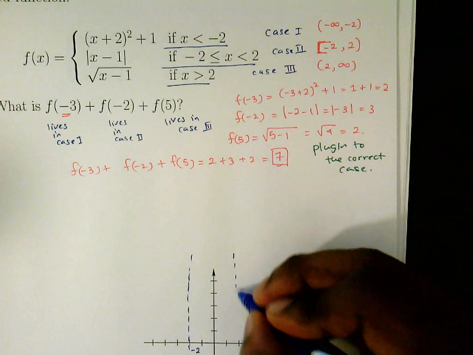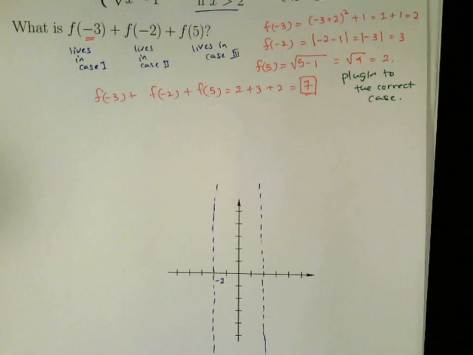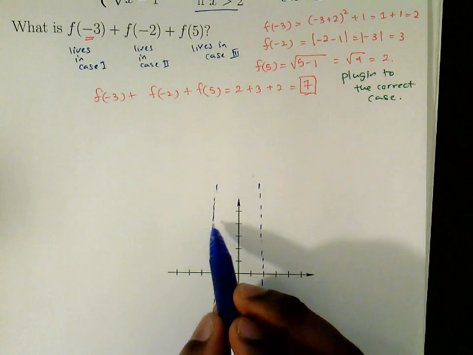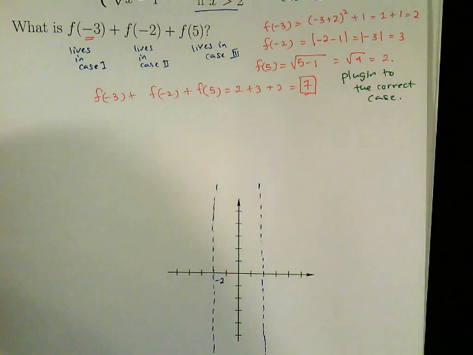Now these walls are just guidelines for you to know when a certain function stops. Some functions should not go beyond the wall. So if something starts here, it doesn't go beyond this. There's a different case here, and there's a different case here.